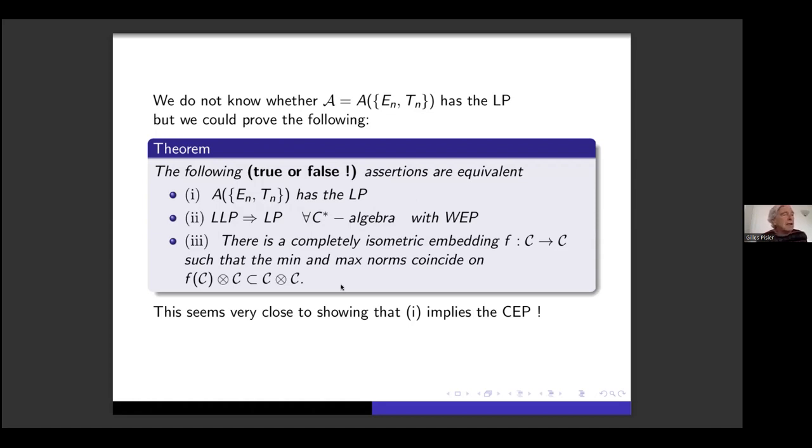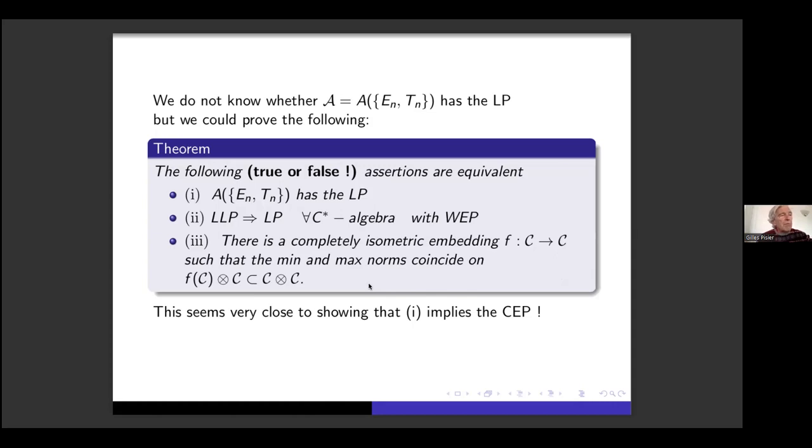And this statement is also equivalent to saying that there is a completely isometric embedding, call it F, from script C to script C, such that the minimal and maximal norm coincide on F(C) tensor C. And you see, if the map F was not a completely isometric embedding, but simply if it was surjective or the identity, then that would mean that we have the cone embedding problem as the property number 3.